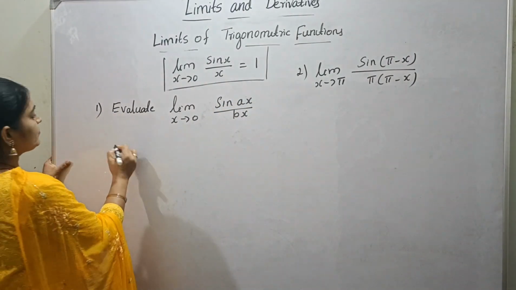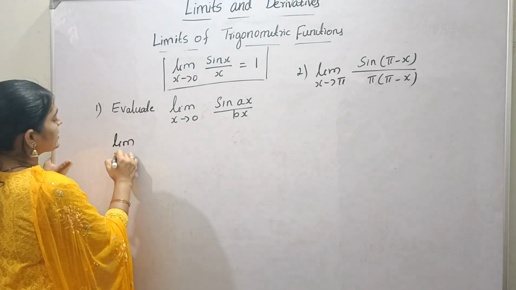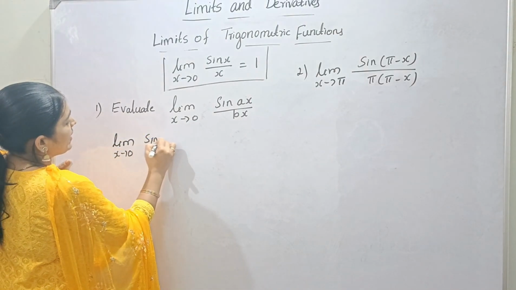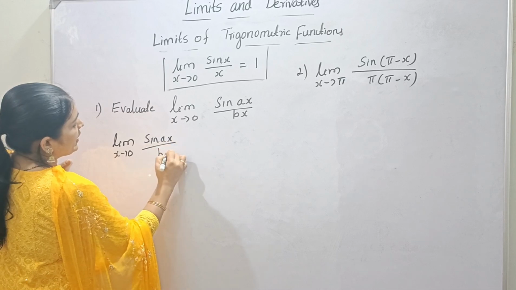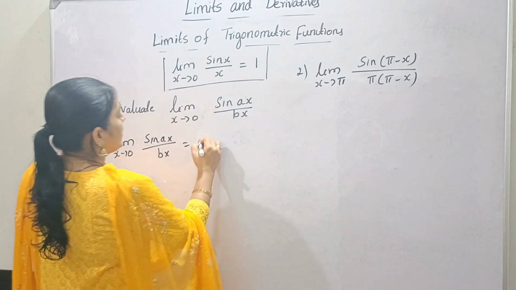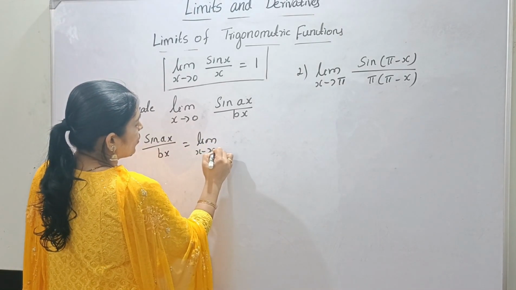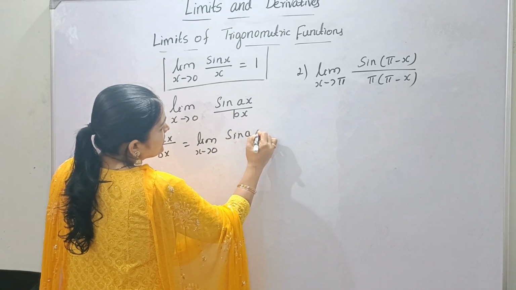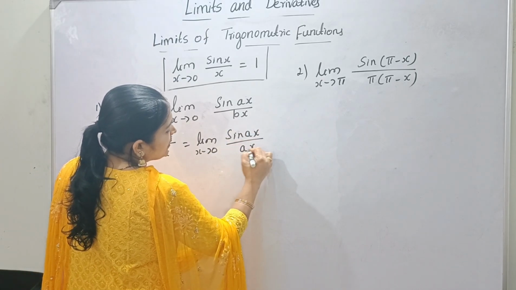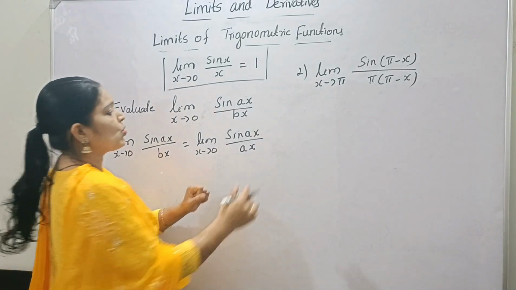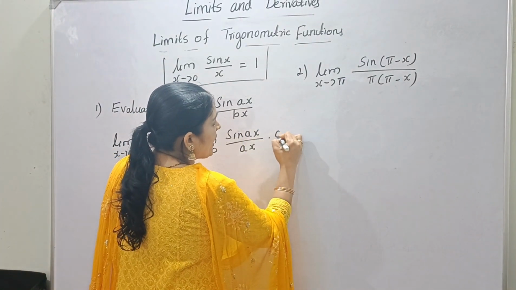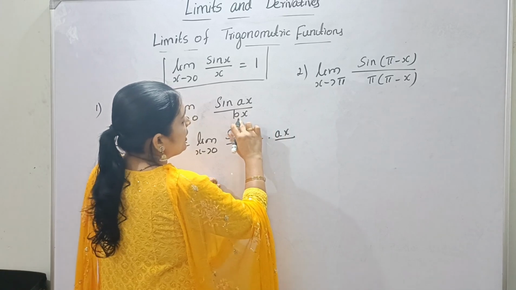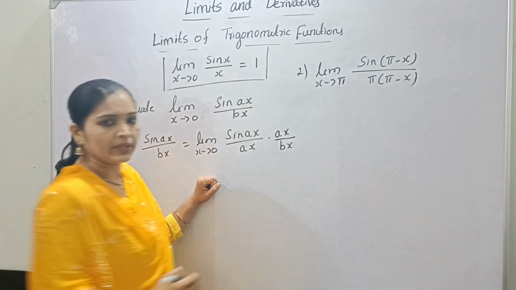That is, we can write limit x tends to 0, sin ax divided by bx as limit x tends to 0, sin ax by ax, divided by ax, so I have to multiply by ax, divided by this bx.